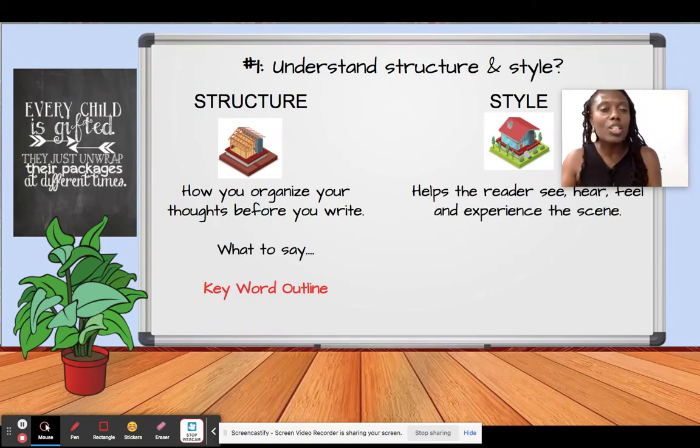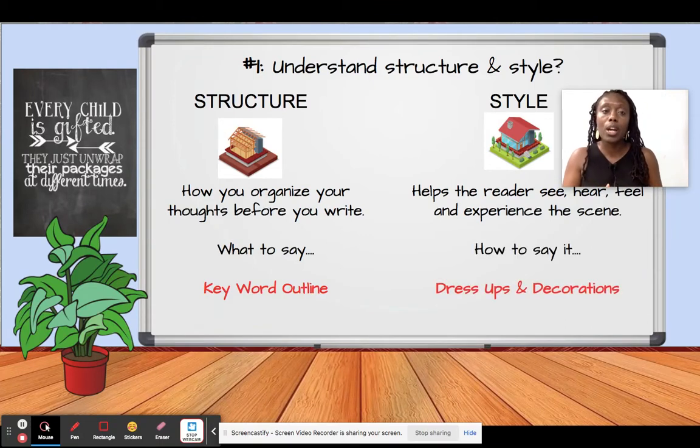When we are finishing our paper, we want to make sure that as writers, we help our reader see, hear, feel, and experience the scene that we're writing about. So your students will not only practice the skill of structure every time they write a paper, they will also practice the skill of style. So they won't only learn what to say, but how they want to communicate well.